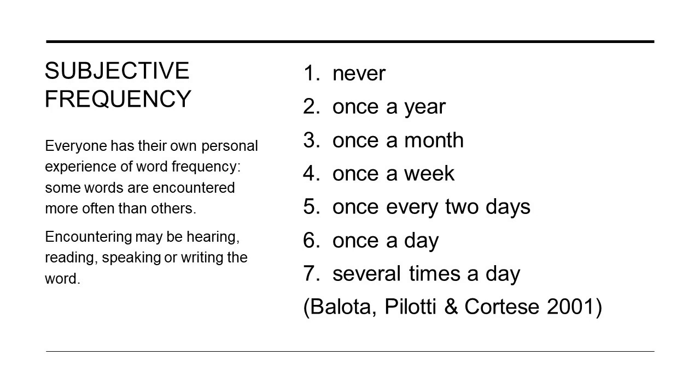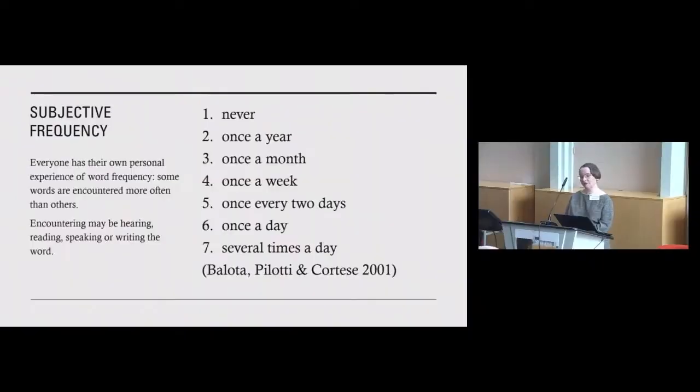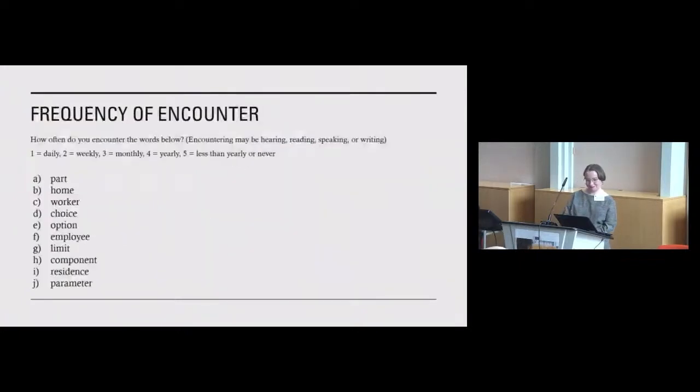Here I have included a scale from researchers Balota, Pellotti and Cortese, who made a 7-point scale with which they assess how often they encounter words. But since it is subjective frequency, it's important to remember that it's only from your own viewpoint. For example, I might encounter the phrase subjective frequency quite often because I'm a researcher who has written an article about this, but maybe you haven't encountered it as often. So that's one thing to consider when assessing subjective frequency.